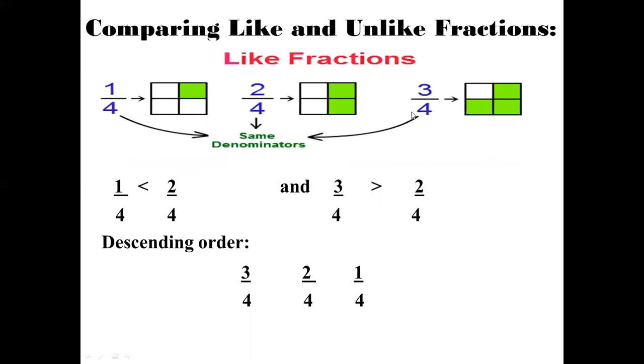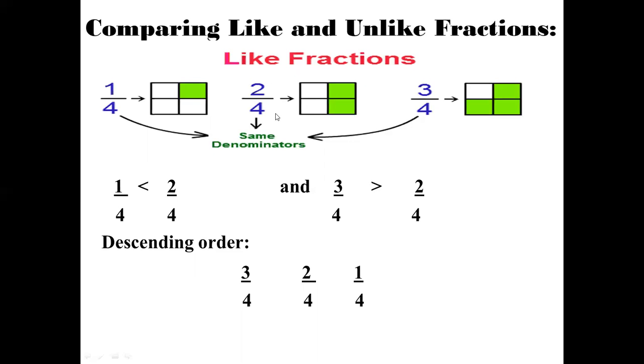And over here, in the same manner, the fraction is 3/4. We can easily say that 1 upon 4 is smaller than 2 upon 4, because we are comparing the numerators just like our usual countings. Because the denominator is same, we have to focus on the numerators. 1 is smaller than 2, that's why the fraction 2 upon 4 is bigger than the fraction 1 upon 4.